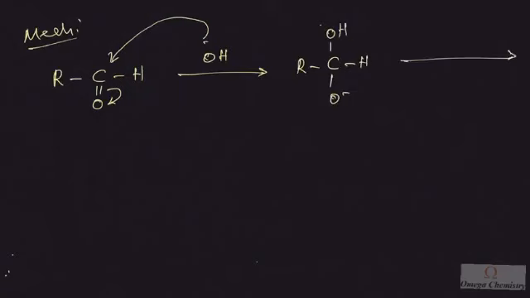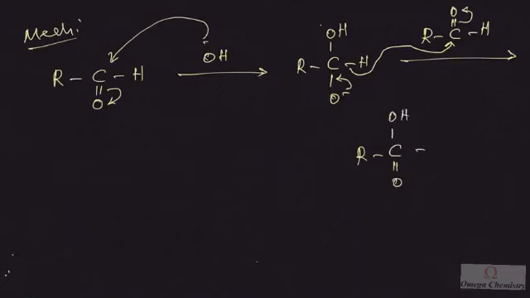Now in the presence of an undissociated aldehyde, the negative charge on the oxygen reforms the double bond. So the carbon-hydrogen bond shifts heterolytically and a hydride ion is generated. This hydride ion attacks the carbonyl carbon of another aldehyde. So we get RCOOH plus RCH2O⁻.